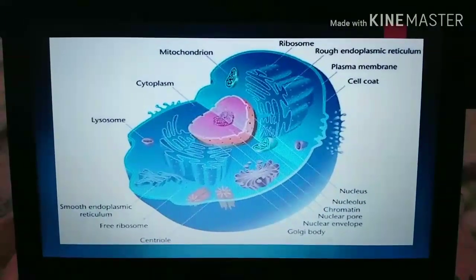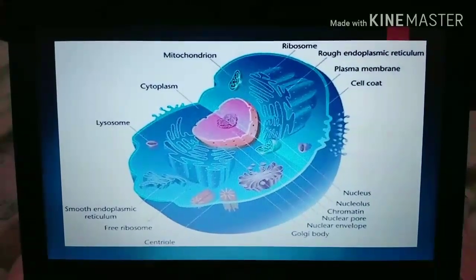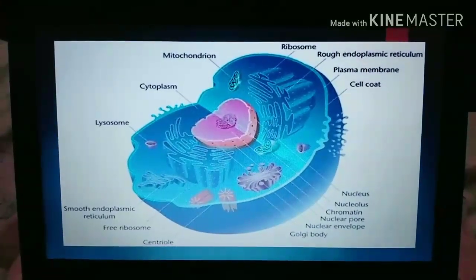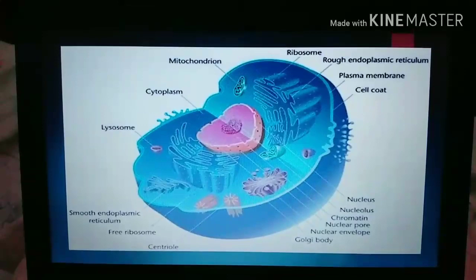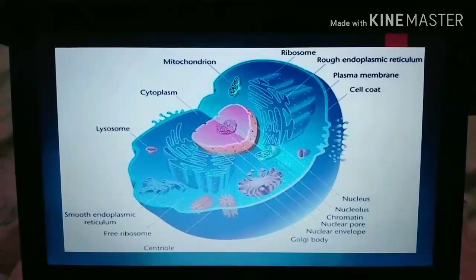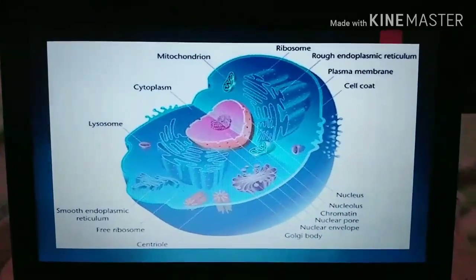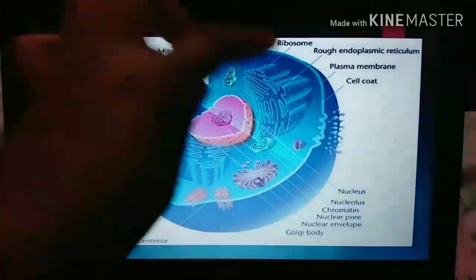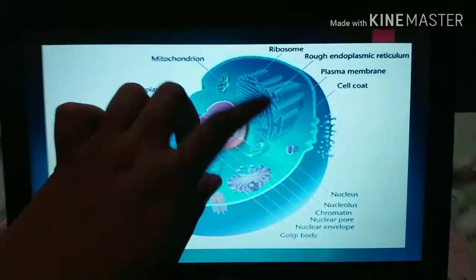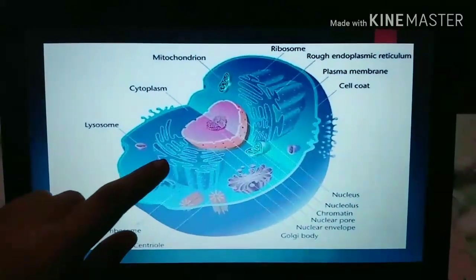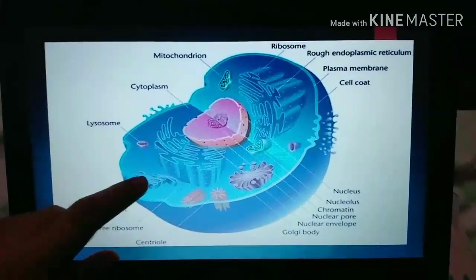The endoplasmic reticulum is attached to the nuclear envelope and nucleus. There are two types of endoplasmic reticulum: the rough endoplasmic reticulum, located here, and the smooth endoplasmic reticulum, here.